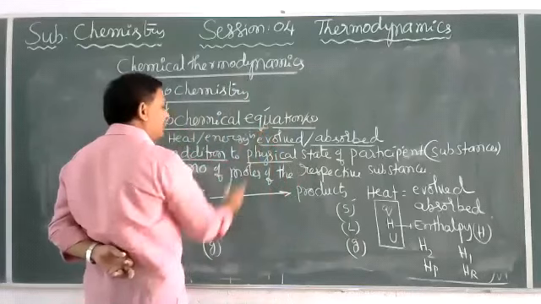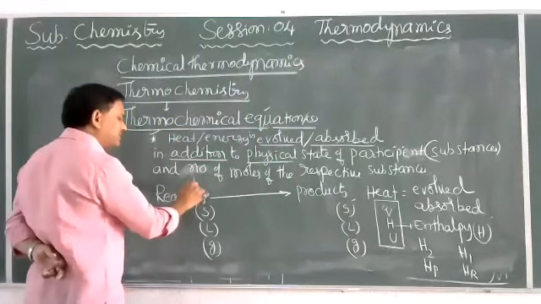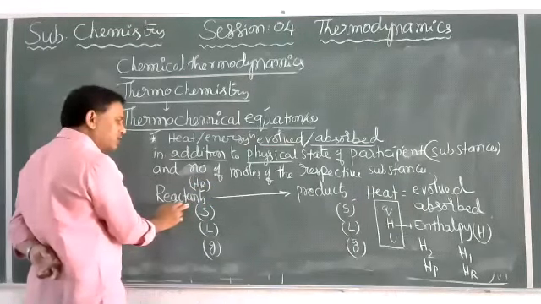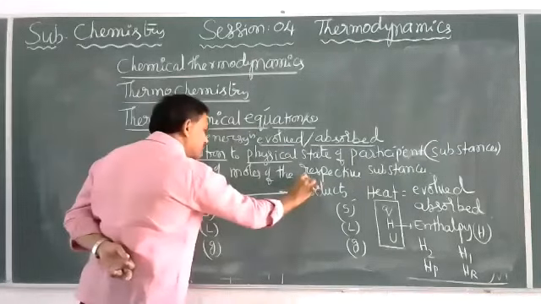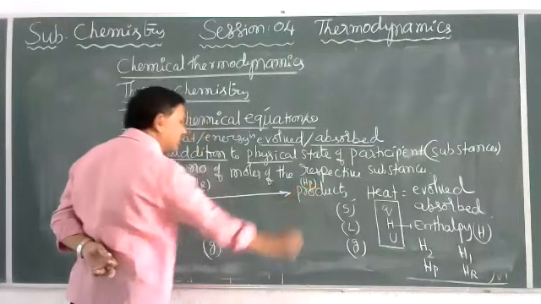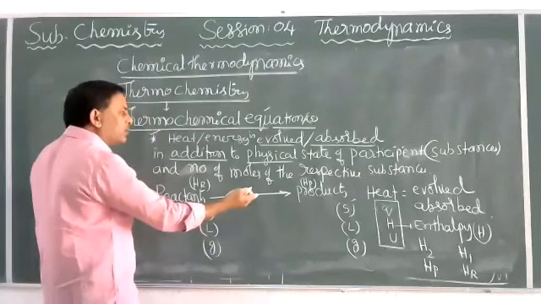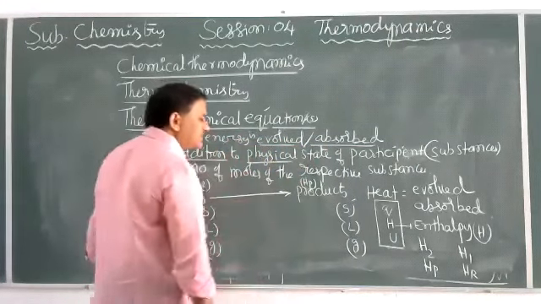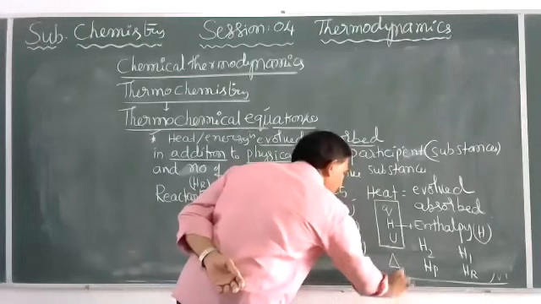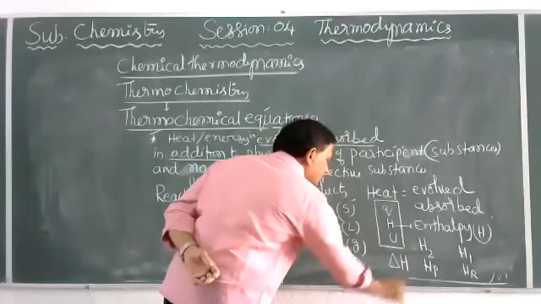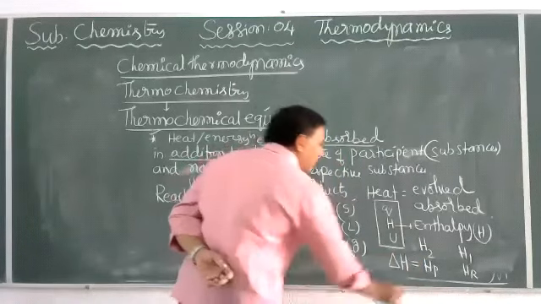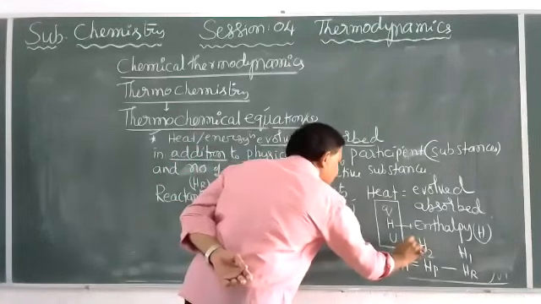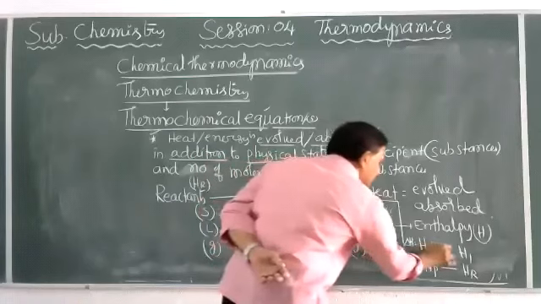In a chemical process, the reactants have HR, the enthalpy of the reactants, the total heat content of the system, and the products have HP, the total heat content of the system. So during this process there is a change in heat evolved or absorbed. That change is denoted by the symbol delta in their total heat content. That's why delta H is equal to HP minus HR in a chemical process. In a physical process, delta H is equal to H2 minus H1.